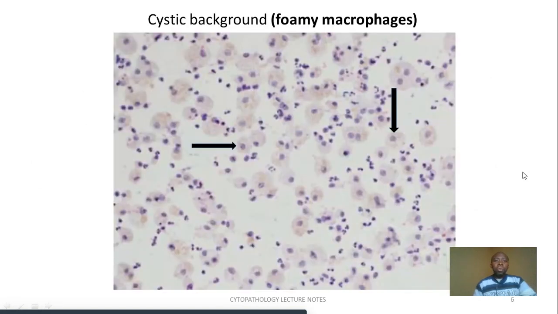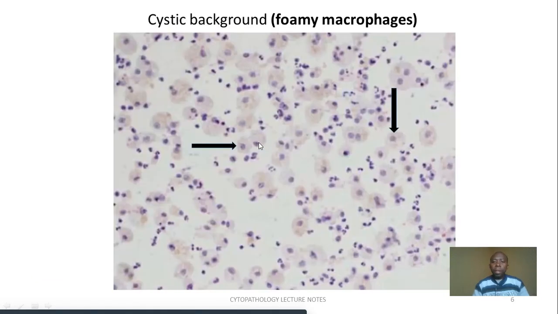So we have an image here which is indicating to us what a cystic background is. When we clearly look at this background here on this slide, we realize we have these cells.